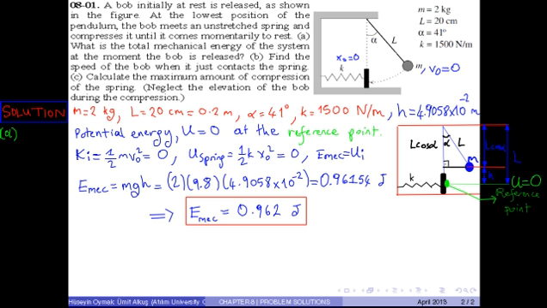As a result, this is the total mechanical energy of the system at the moment the bob is released.